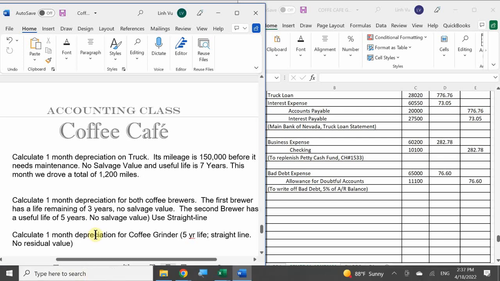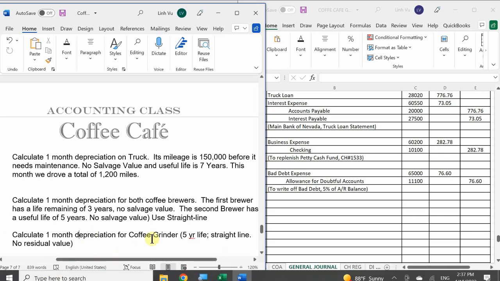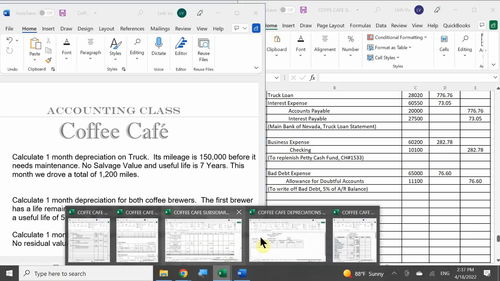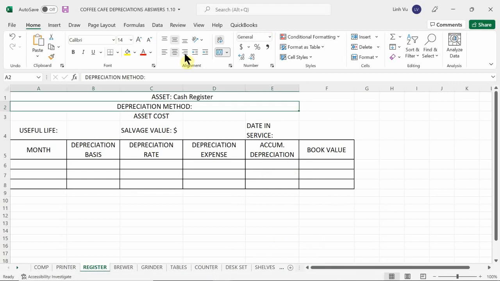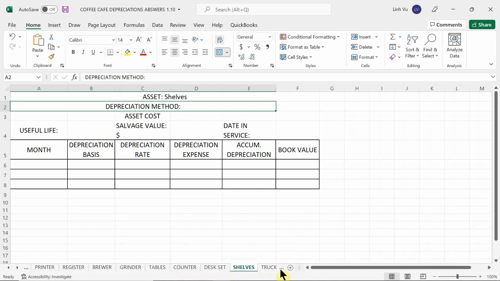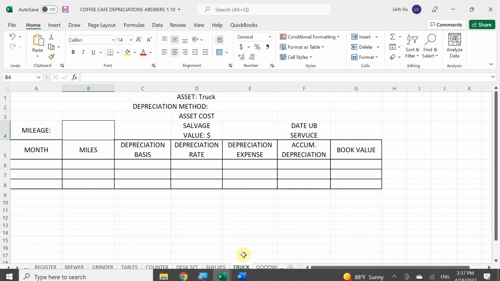So this is where we're going to be using our depreciation tables. Let's look at my depreciation tables. This one I am doing for my truck. So I'm going to find my truck. I think it's here. Here's my truck.